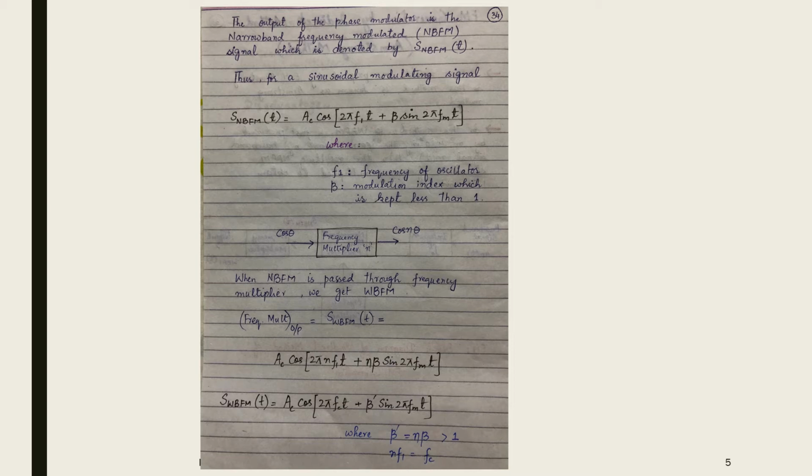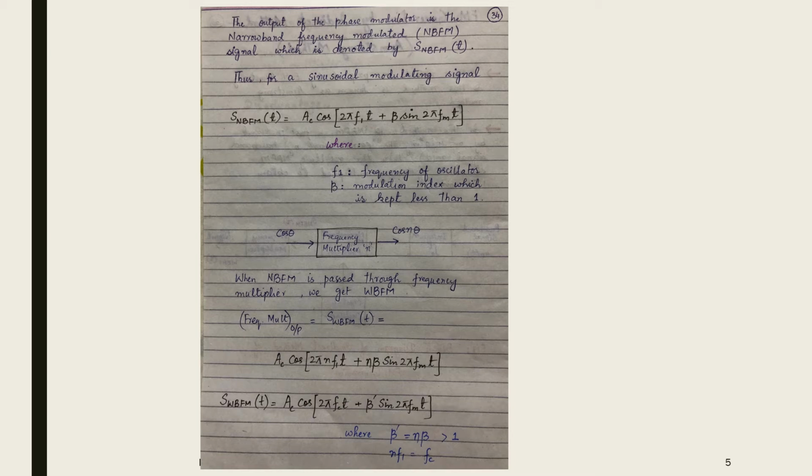This is the summary of the whole topic: first we produce narrowband FM, and then it passes through the frequency multiplier, and at the output we get wideband FM.